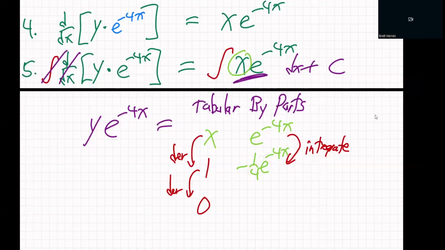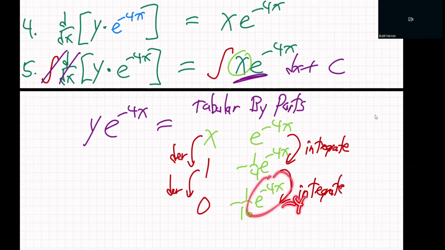And let's do it one more time. And then integrate again. And what do you get? Well, this time it's going to be minus 1/16 e to the minus 4x. See how that's right? Because if I take the derivative, it would go back, right? Because that e to the minus 4x, that minus 4 would pop out. Two minuses.